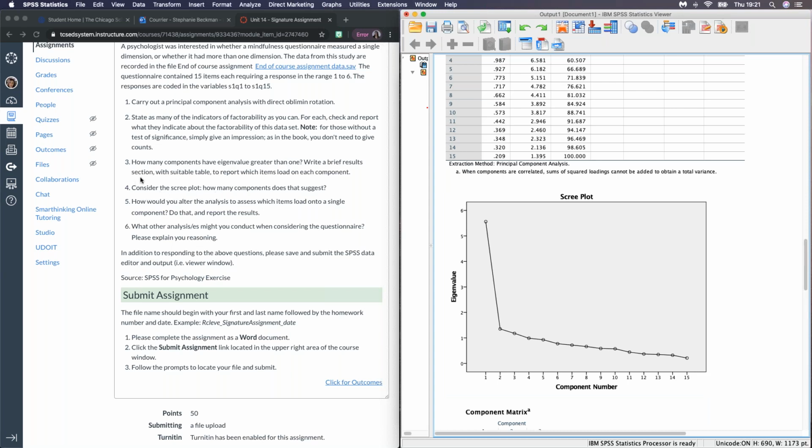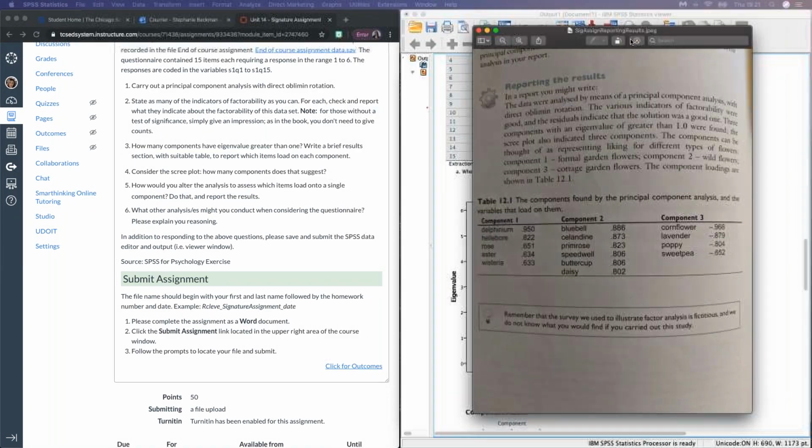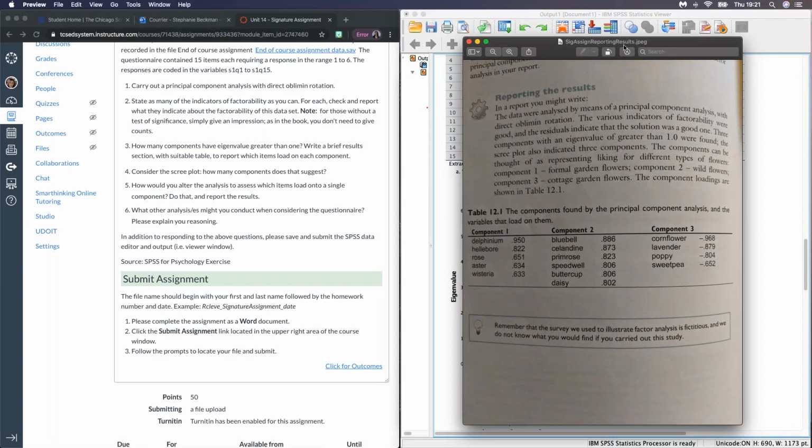Write a brief results section with a suitable table to report which items load on each component. Okay, so this next part is when things get a little bit more complicated. First of all, I'm going to bring over this picture from my textbook. I don't know if your textbook has the exact same results reporting section that mine does, but I figured I would at least take a picture to show you what my book says so you know where I'm coming from on this.